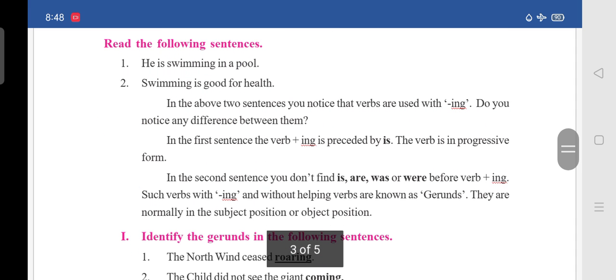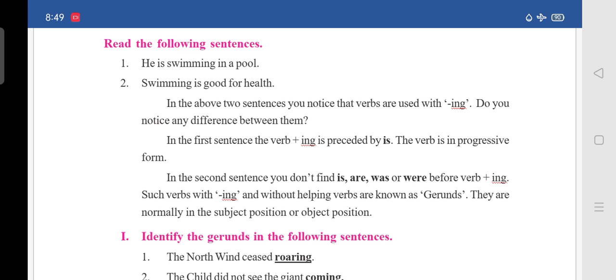Read the following sentences. First one, he is swimming in a pool. Second, swimming is good for health. In the above two sentences, you notice that verbs are used with ing. Do you notice any difference between them? In the first sentence, the verb plus ing is preceded by is.